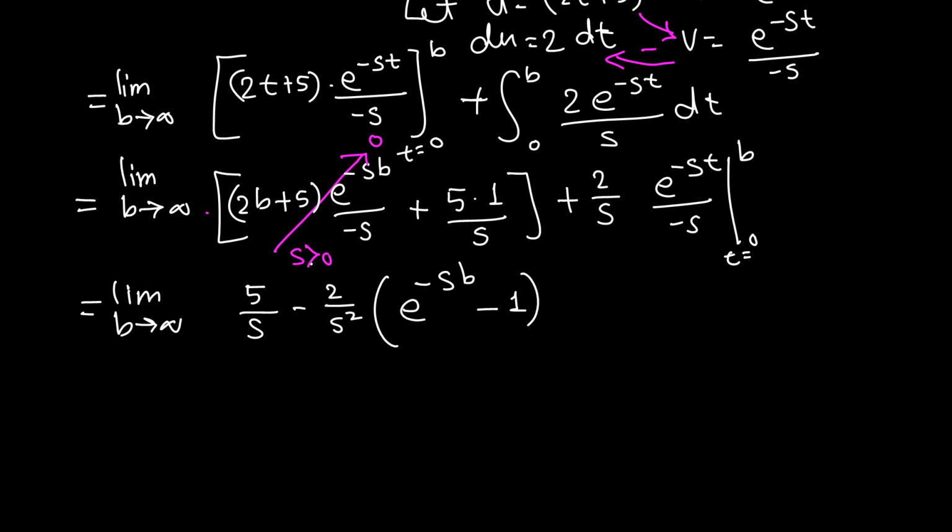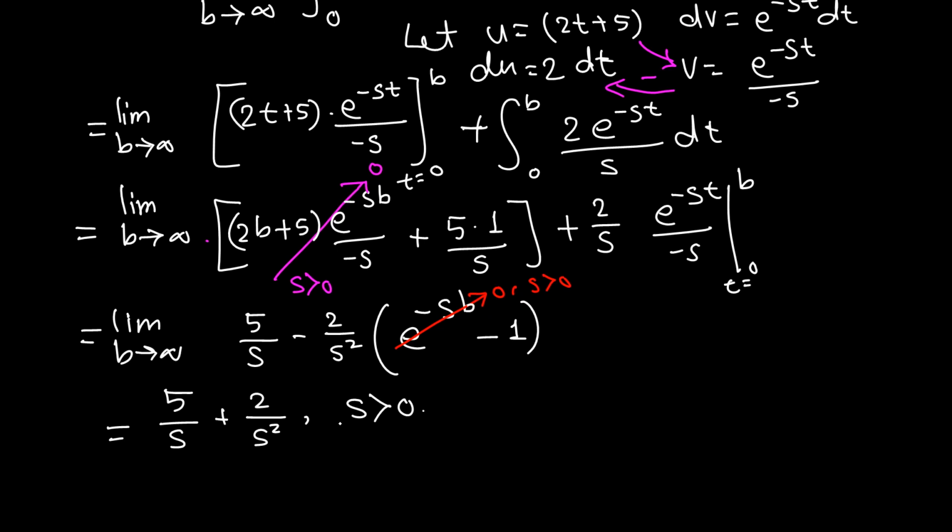Again, when s is positive, because we already assumed that, this will be negative infinity, and e to the negative infinity is 0. So this goes to 0 when s is positive. Then this is 5 over s minus, this part is gone, negative times negative is positive, 2 over s squared. That's the answer, provided s is positive.